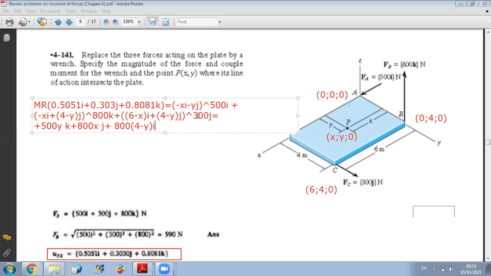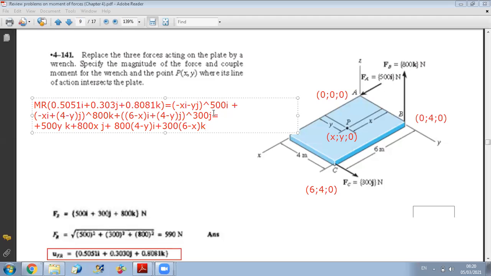Now for the last term, I have 6 minus x i vectorial 300j. I vectorial j is plus k. So plus 300 times 6 minus x along k. And j vectorial j is 0. Now I obtained my vectorial relation.